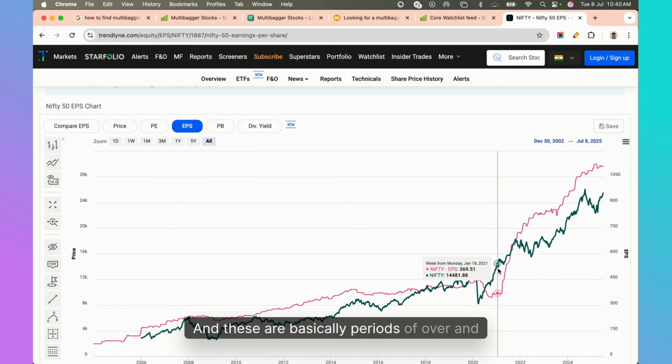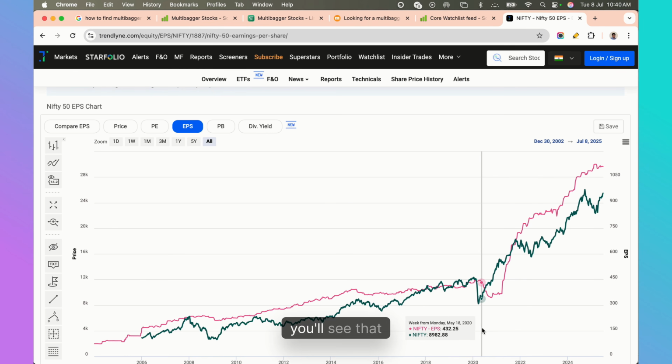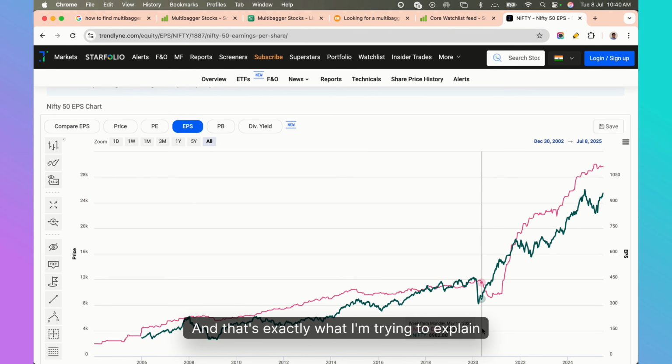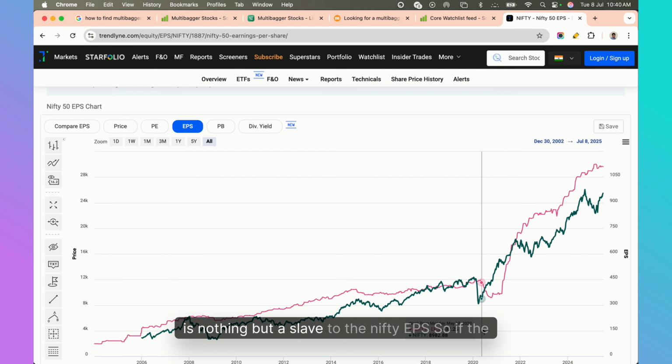And these are basically periods of over and under valuation. But generally, if you look at it as a trend, you'll see that they kind of follow the same path. And that's exactly what I'm trying to explain here, that the Nifty is nothing but a slave to the Nifty EPS. So if the EPS is increasing, you'll generally see that the Nifty is also increasing and vice versa.